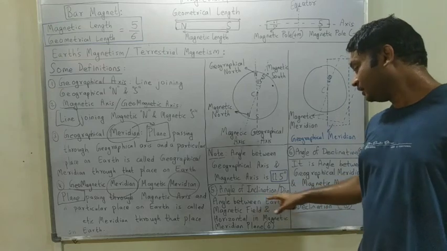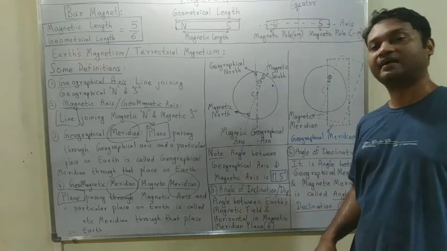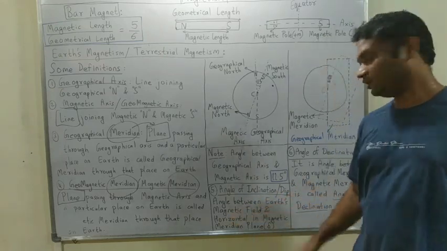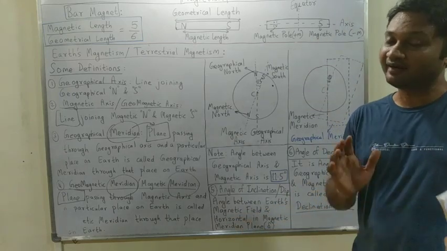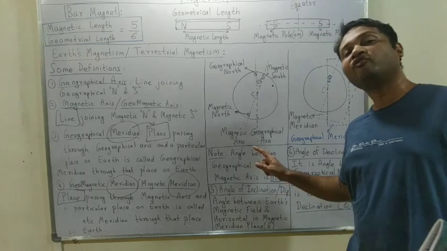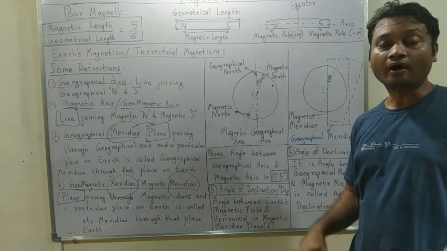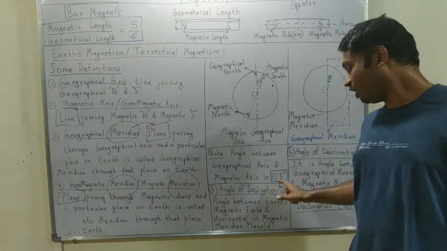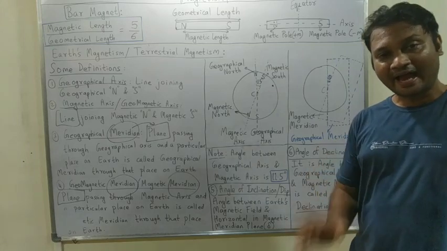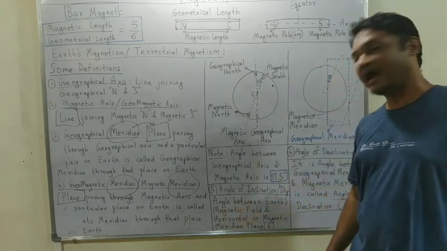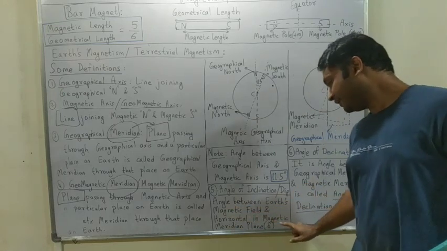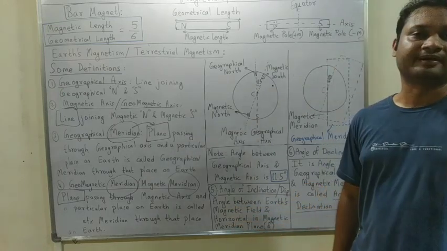It is the angle between Earth's magnetic field and horizontal in the magnetic meridian plane. Let me revise this. Angle of inclination, or angle of dip, is the angle between Earth's magnetic field and horizontal in magnetic meridian plane.